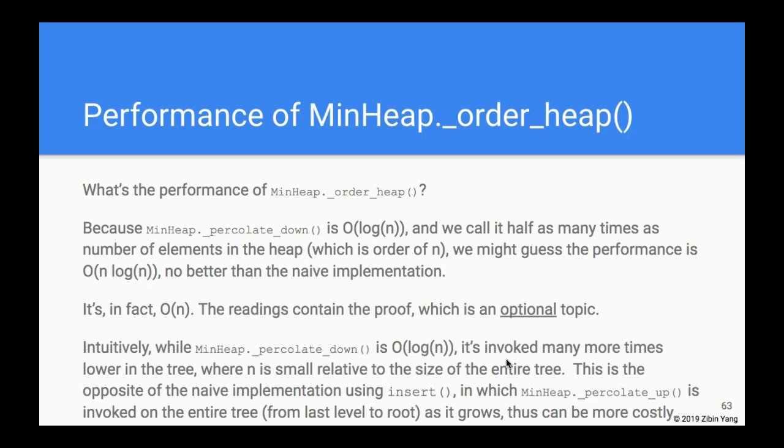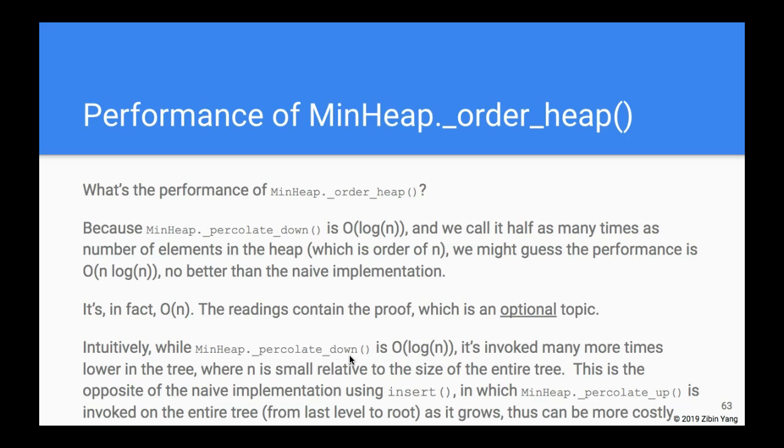When we first start, we invoke it on the second lowest level, right? All the subtrees in the second lowest level have a height of only 1, so percolate down, for all those subtrees, has to do at most 1 swap. And right there, that's half of the number of times that percolate down is called.